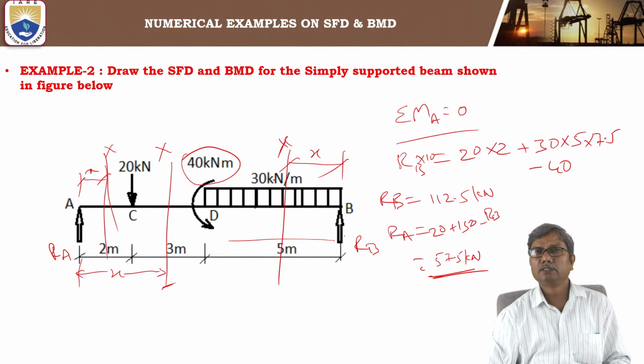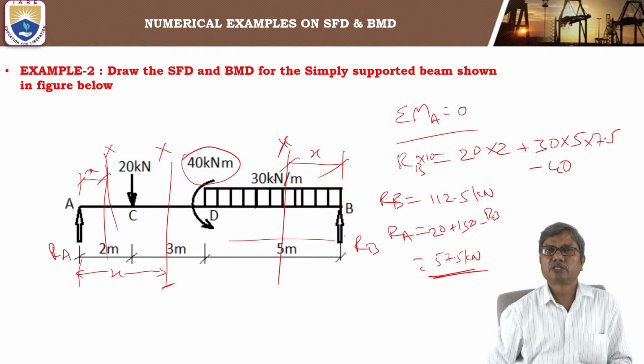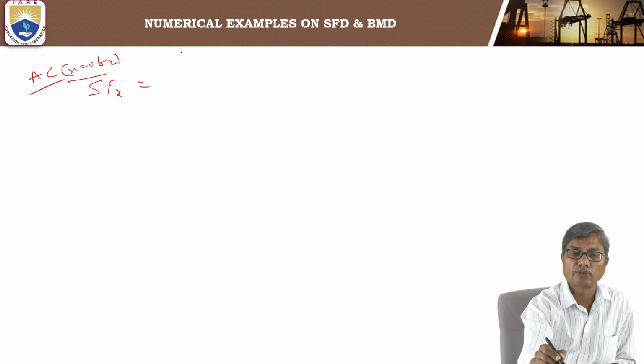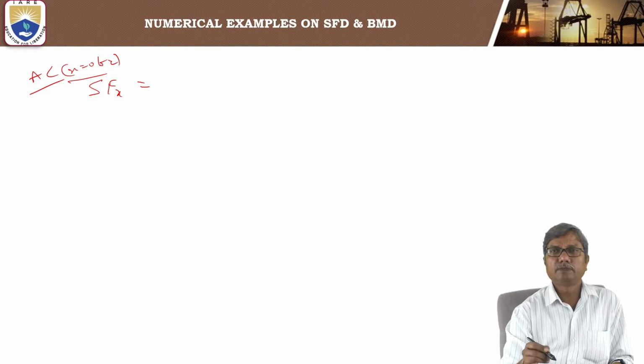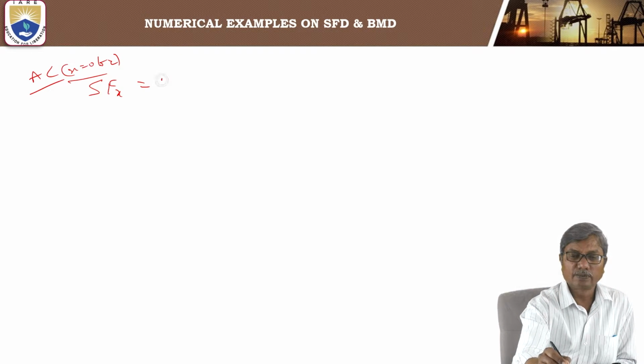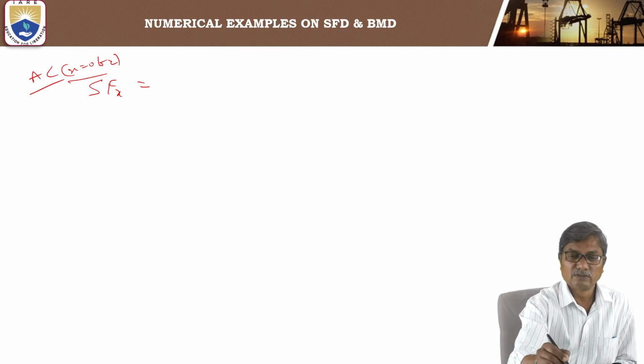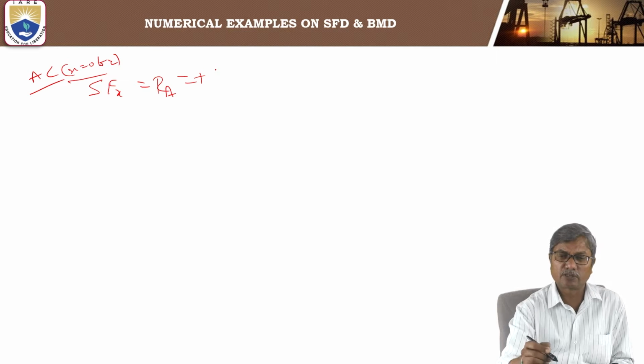Okay. So now consider the section between AC, with the limits for X 0 to 2. The shear force at X will be RA. It is positive, since left side upwards is positive as per our convention.